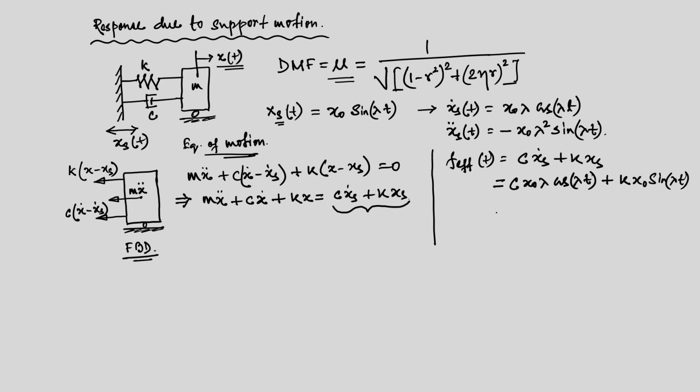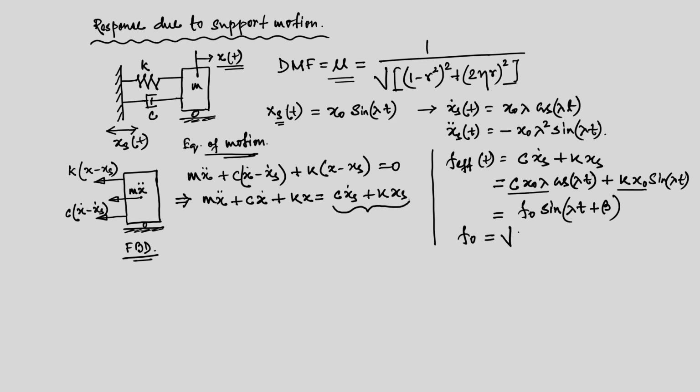And then we can combine and write it in compact form. It will be f naught sin of lambda t plus beta. So, what we do? We consider this c x naught lambda as, say, sin beta, and this part we assume to be cosine, and then we can write the expression for f naught.